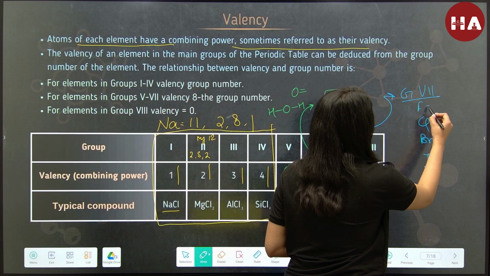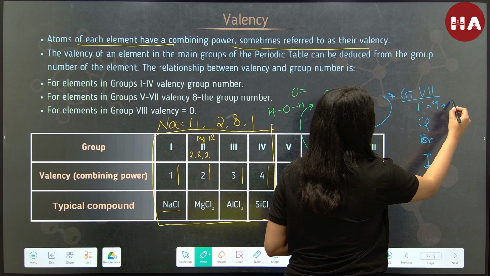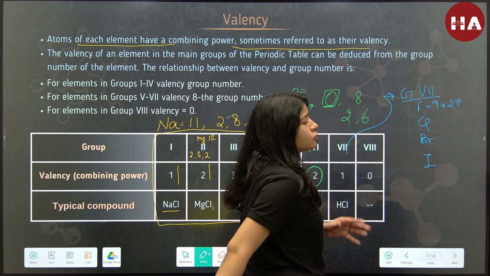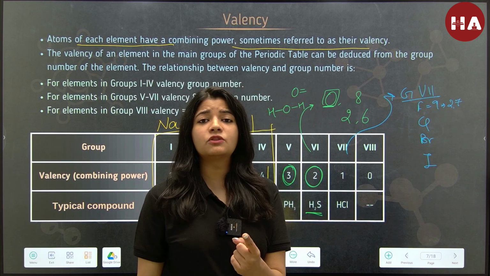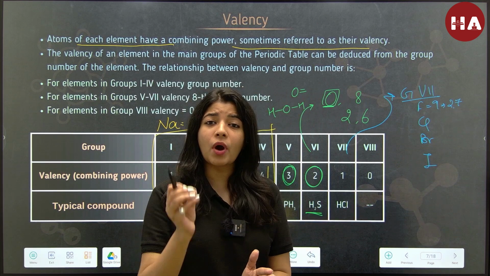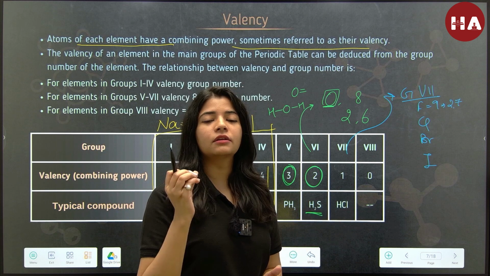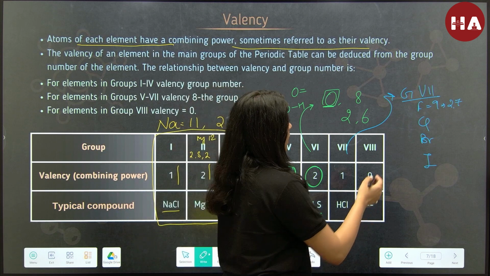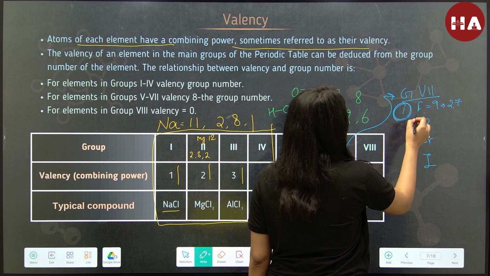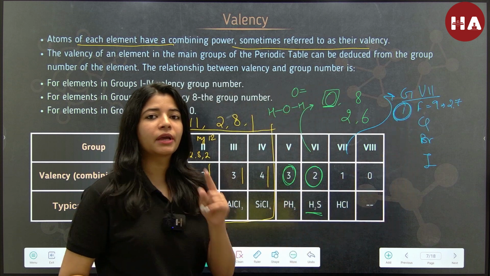Fluorine is atomic number 9. If I have to write the electronic configuration, it will be 2, 7. It needs one more electron, or one more atom to combine with, to achieve the noble gas electronic configuration. Hence, I can say that the valency or the combining capacity will be 1.